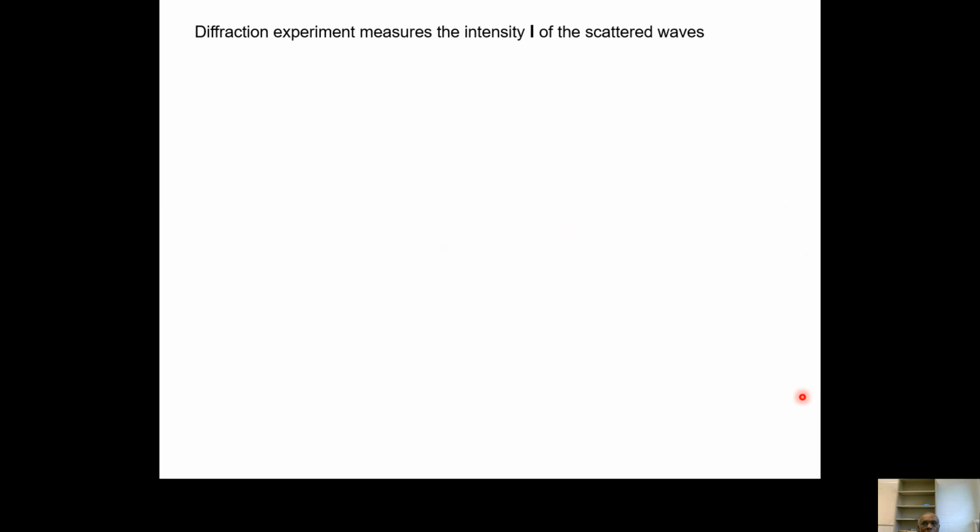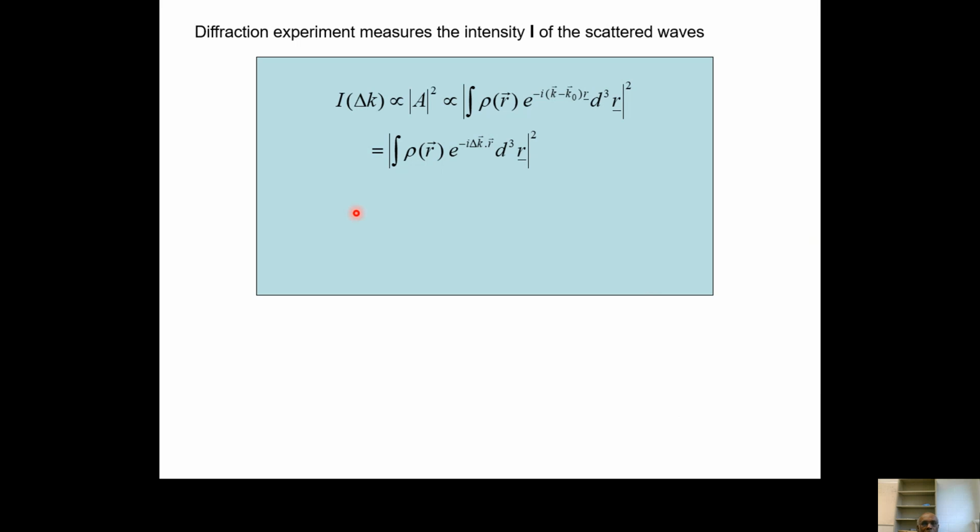So if I rewrite this one, actually that is the amplitude, right? The intensity is proportional to the square of that amplitude, so I can write that as the integral of rho(r) e to the minus i delta k dot r d^3r, squared.